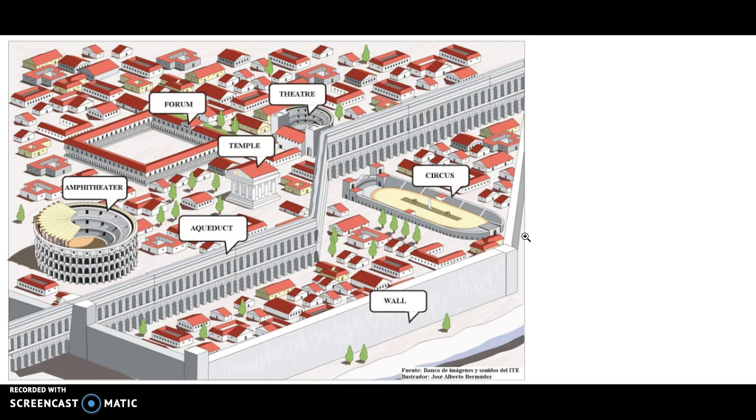You have to take into account that the architecture in Rome was the summit of engineering in ancient Rome. Rome developed engineering to the top, and they were the first to be engineers and architects as professionals. They were real professional architects and engineers.